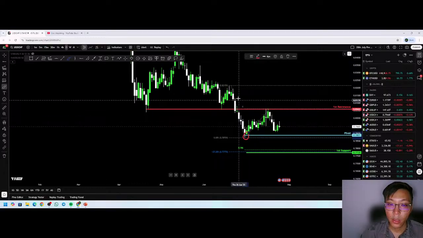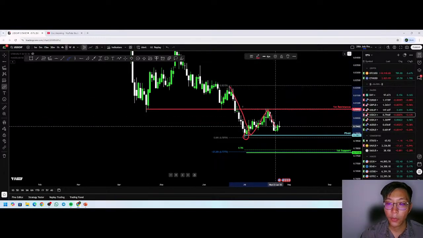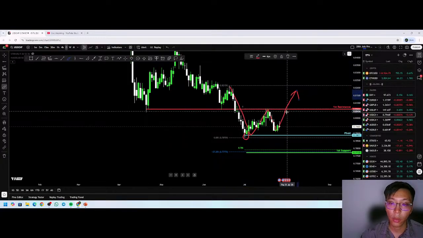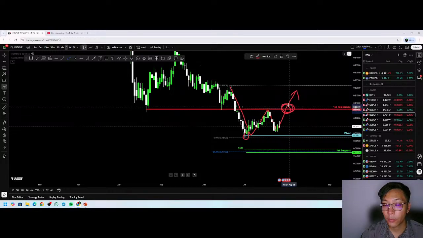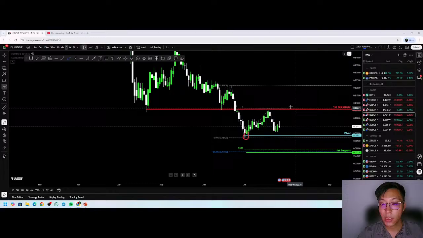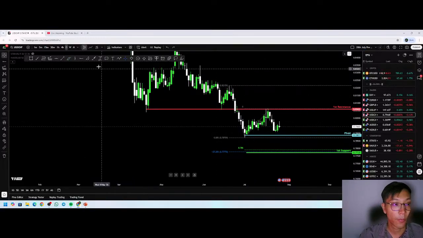So if you look at market structure, lower low, lower high, failed to create a lower low, so there is a possibility for it to come above towards this first resistance level over here. Okay, so this is what I am looking at for USD CHF.